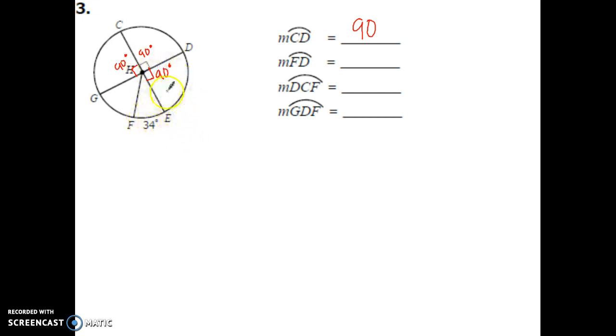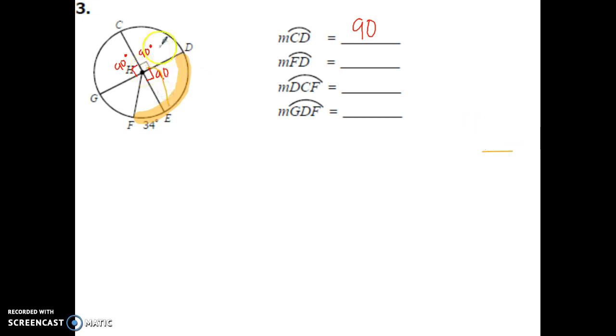So let's look at a couple things. So we found that arc CD is 90. And we are now looking for FD. So FD goes from here all the way there.